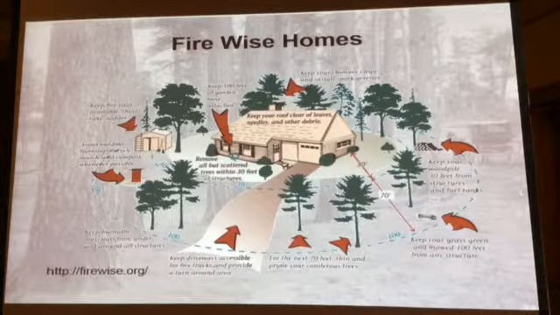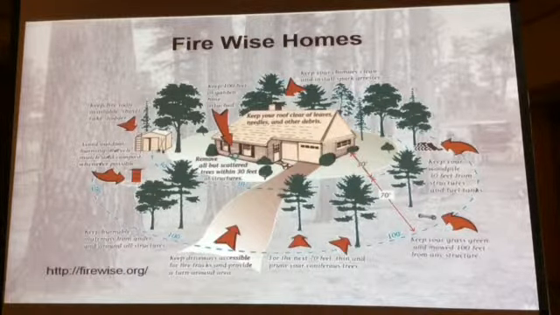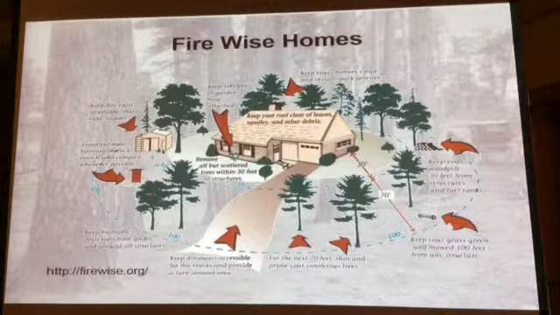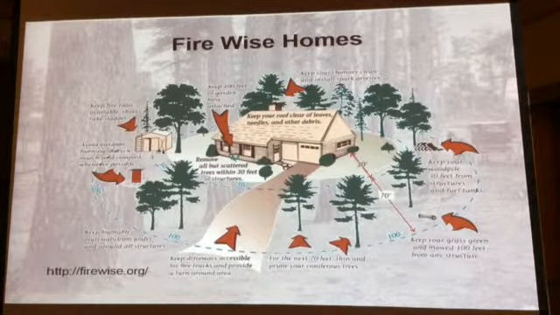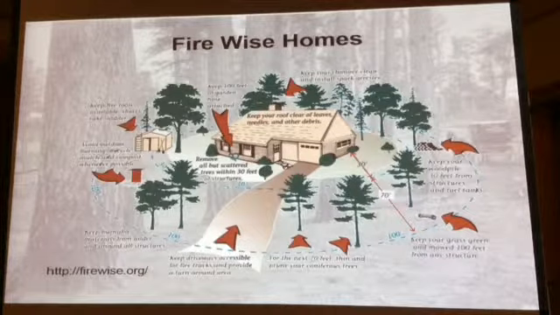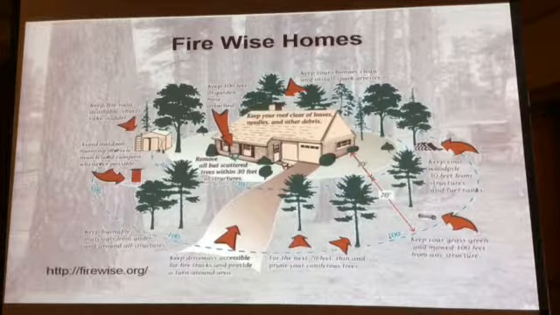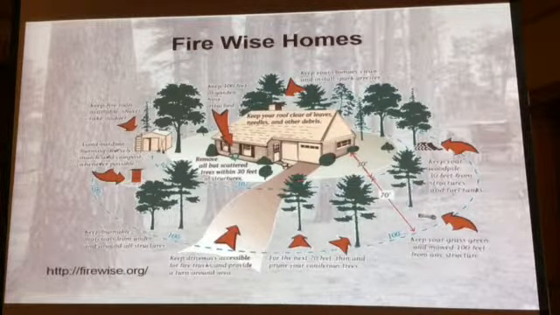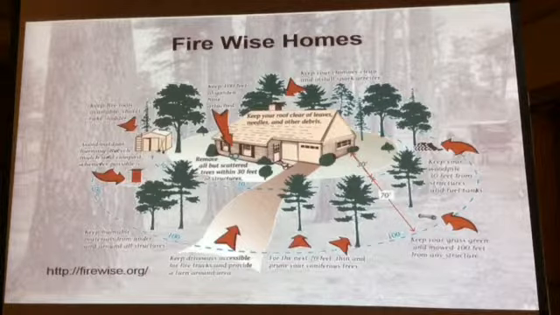So this is the notion that a fire, as it comes through, like Carlton's a good example of a lot of wind, there's a huge ember shower that's going on. And all those embers, as they land, if they land on a receptive fuel, and that could be your wood pile, they're going to ignite. So you want to take away as many possible sources of ignition away from your structure.